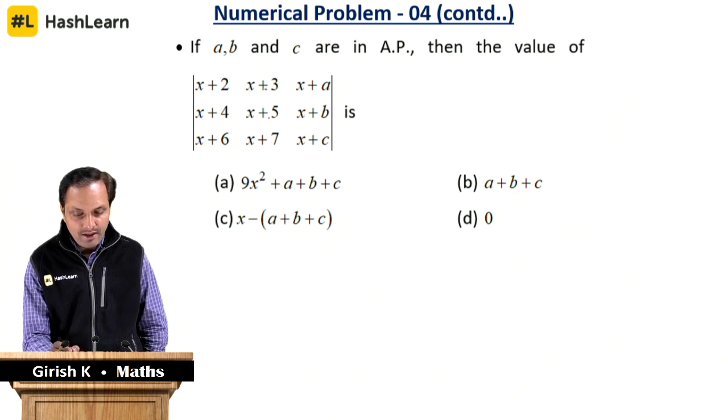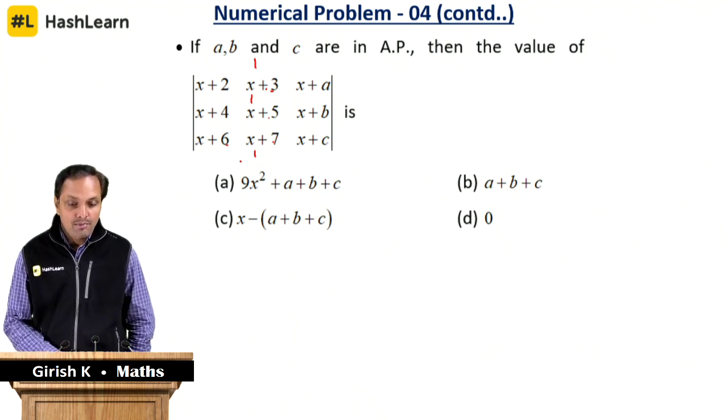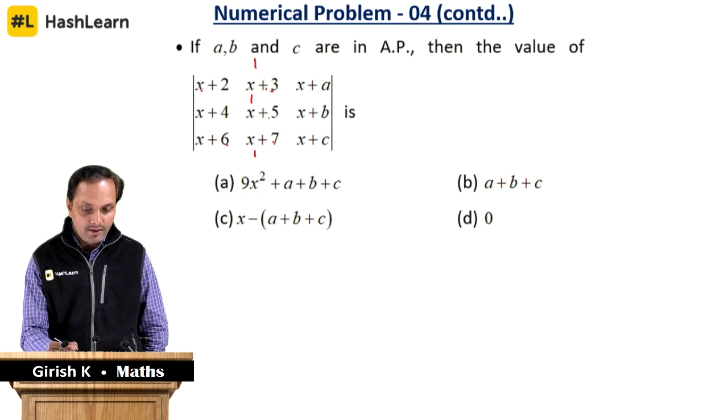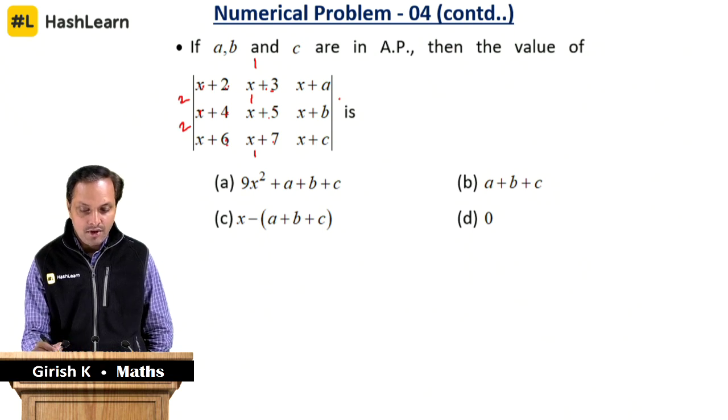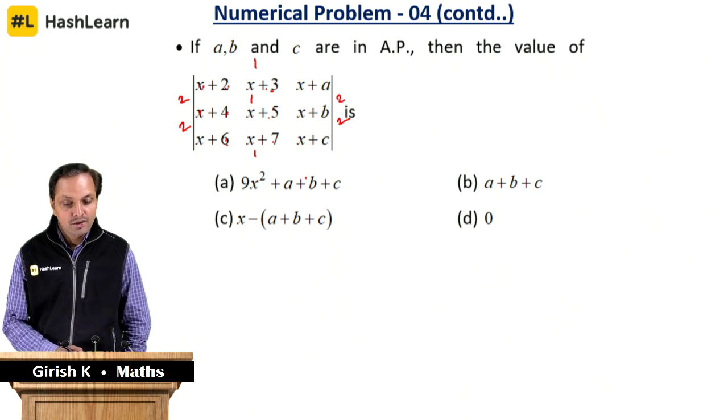What is the difference between these? 2 and 3, the difference is 1. 4 and 5, the difference is 1. 6 and 7, the difference is 1. Now you can observe the difference between column 1 and column 2: 4 minus 2 is 2, 5 minus 3 is also 2, 6 minus 4 is 2. The difference is 2, and the difference in A, B and C should also be 2.